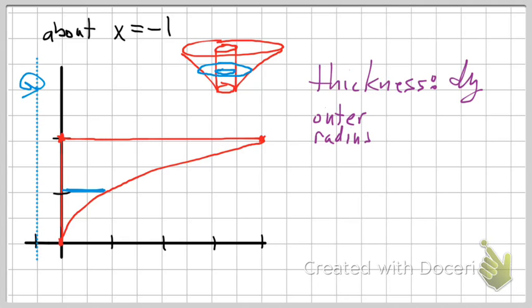And then for a washer, we have an outer radius, and we have an inner radius, right? Now, you got to come from the center of revolution, which now is over at x equals -1. So what is my outer radius?